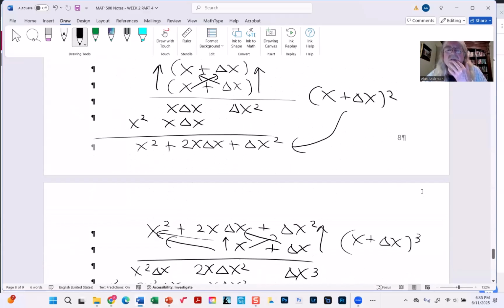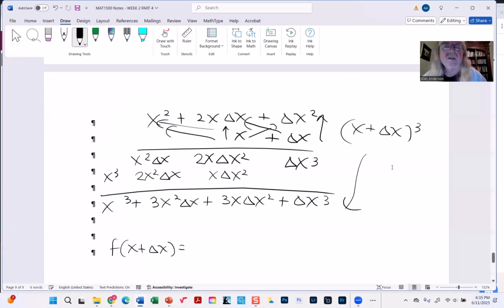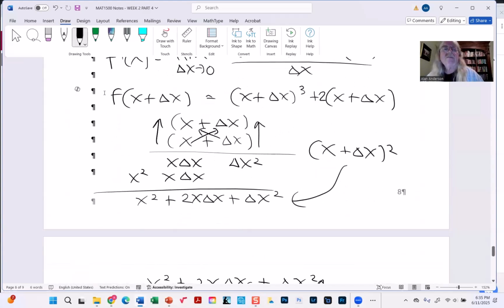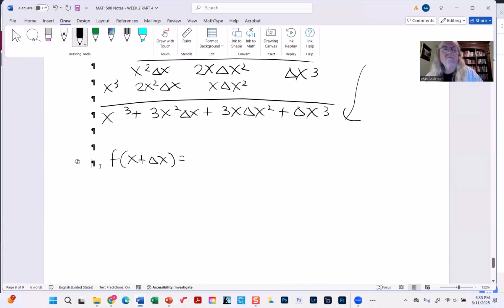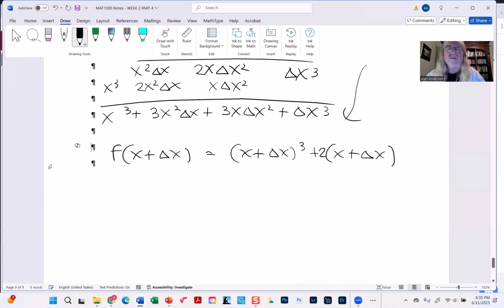So in other words, the numerator of this expression. Remember, we saw earlier on that f of x plus delta x equals this. In fact, why don't we copy it? Let's do that. It'll be a little quicker.